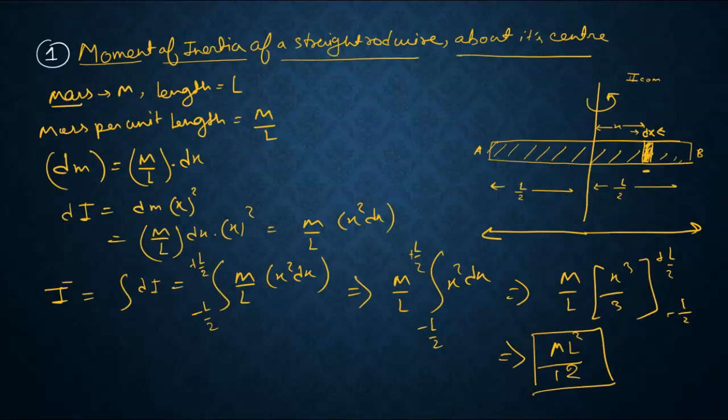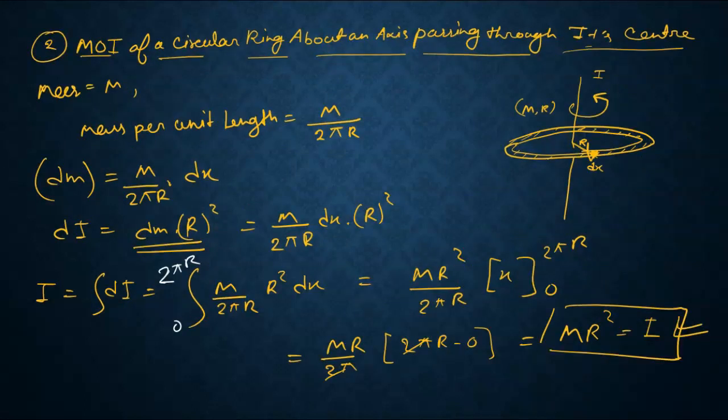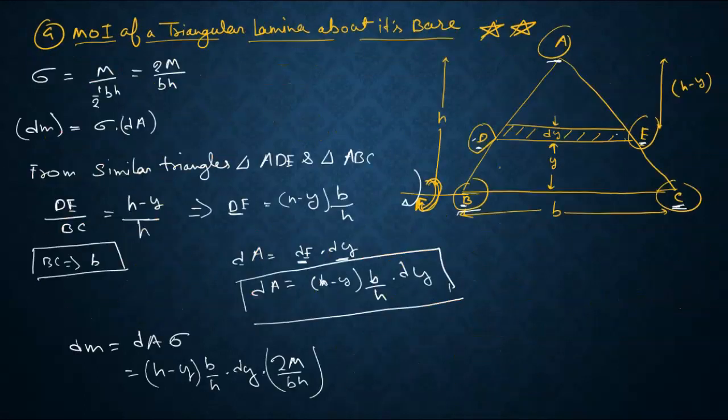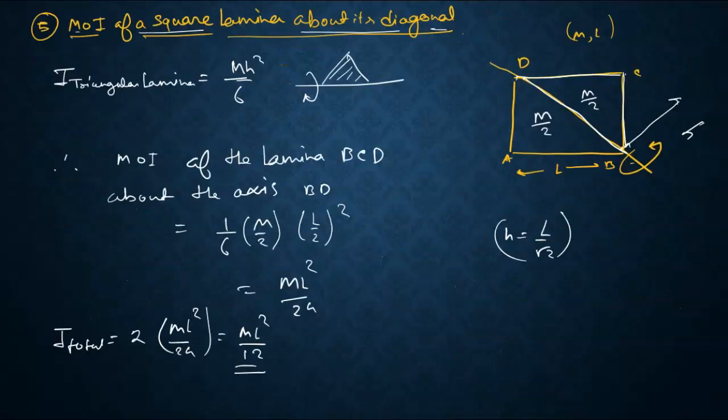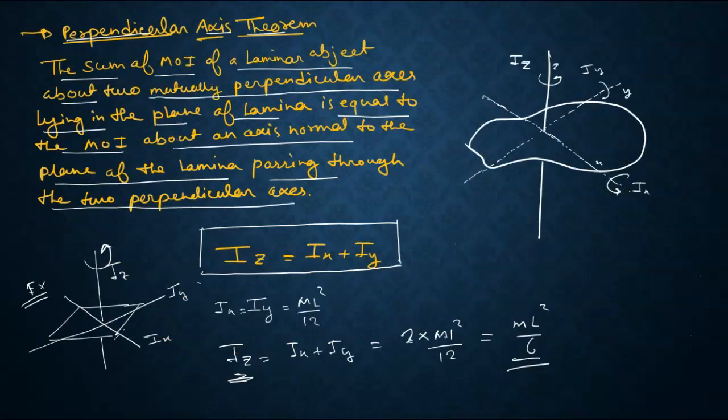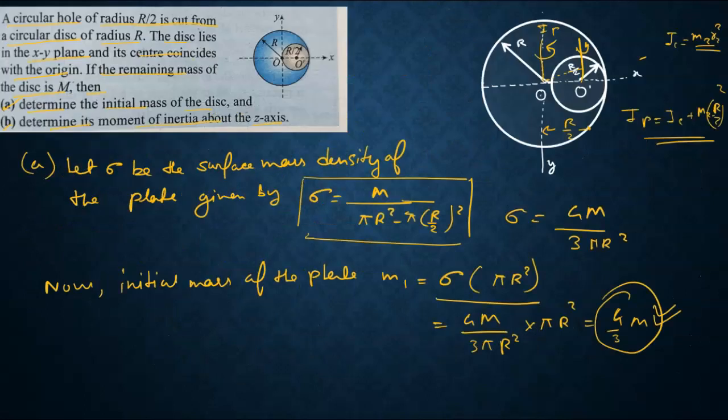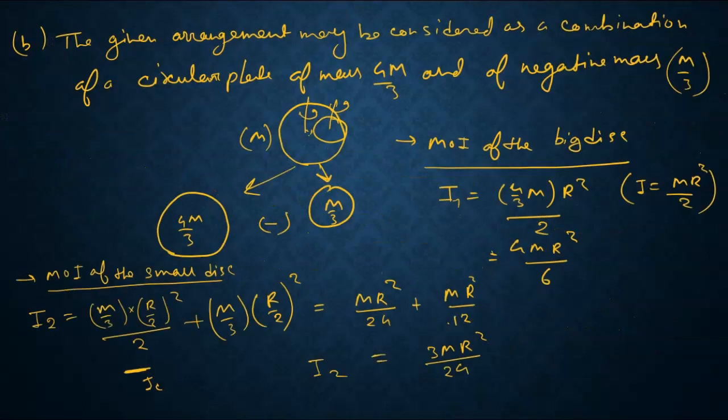Then we derived some of them: the moment of inertia of a straight rod, wire, ring, disc, triangular lamina, and the square lamina. We have done all of that, and the last one was an important question. Today is actually the application part of all that I did in the previous video. So let's start.